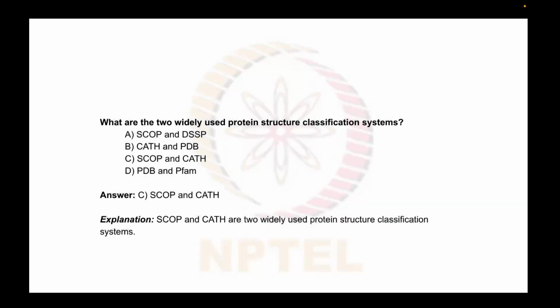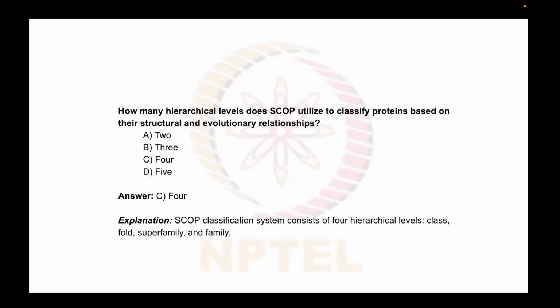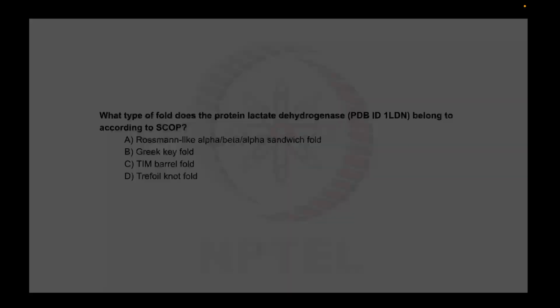SCOP and CATH are two widely used protein classifications. How many hierarchical levels does SCOP utilize to classify proteins based on their structure and evolutionary relationships? Again, we have four: class, fold, superfamily, and family.